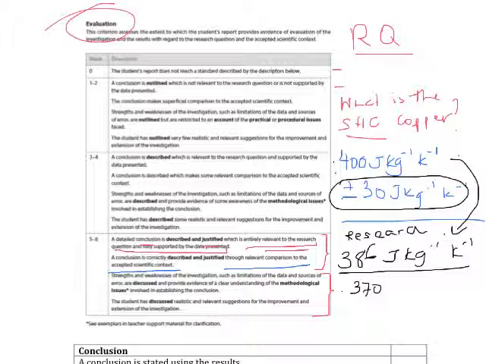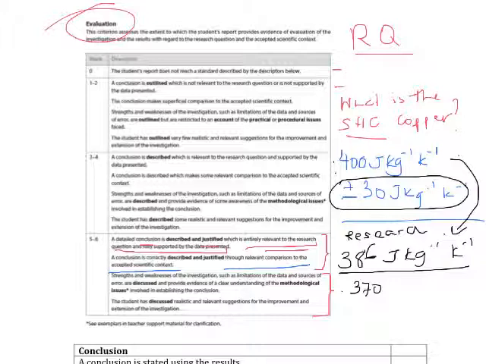So your full conclusion would be that your specific heat capacity is 400 plus or minus 30 in comparison to the real value 386. My range includes that actual value, so therefore my experiment was successful.